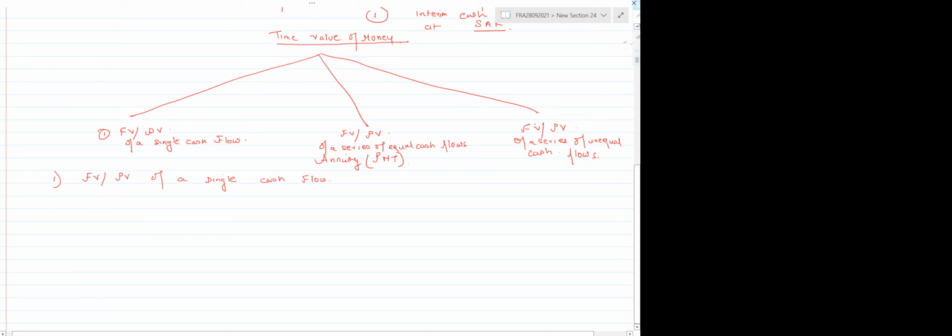Guys, now a simple exercise first. Let us invest $100 at a stated annual rate of 10% per annum compounded semi-annually for 2 years, right?